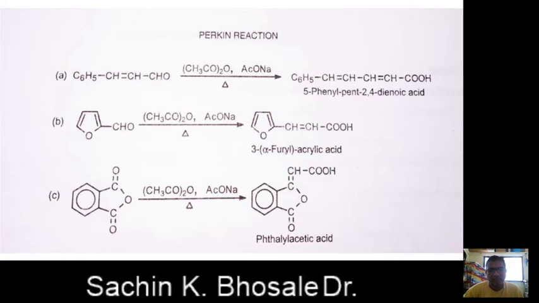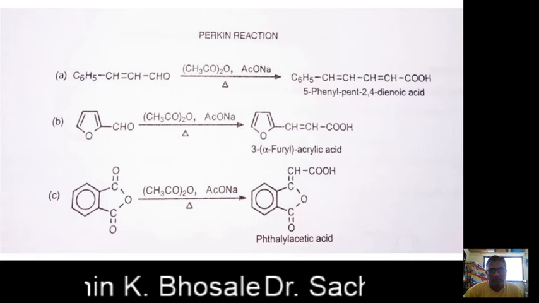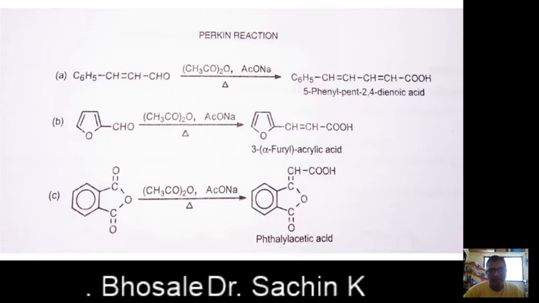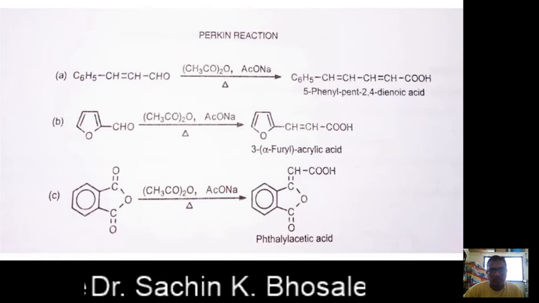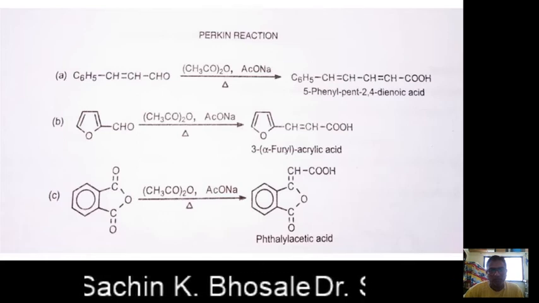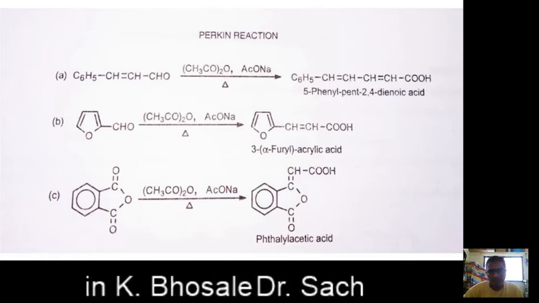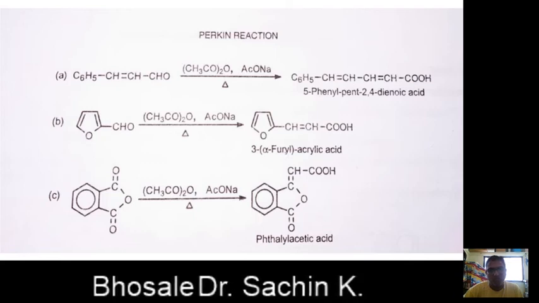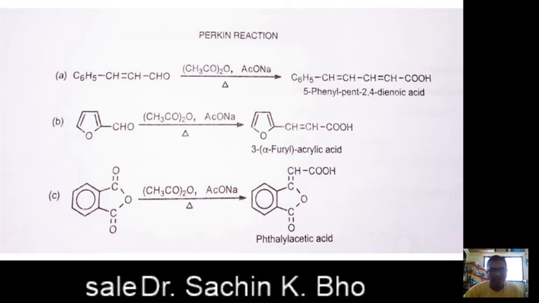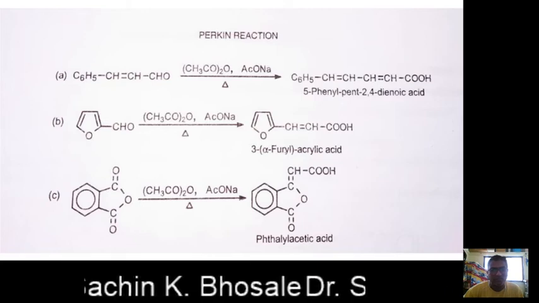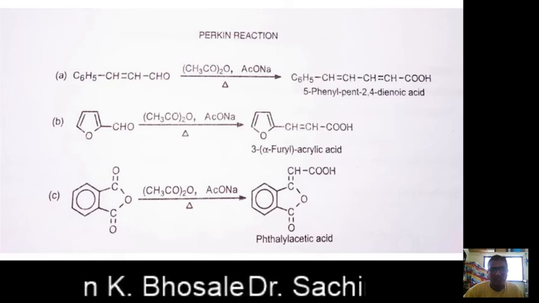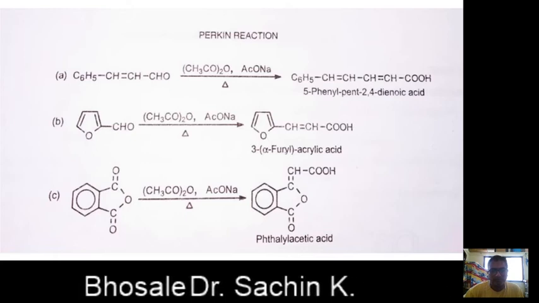There is a double bond at 2, then 3, 4. So at the 2 and 4 positions there is a diene. So pent-2,4-diene, and the acid has 5 carbons, 1, 2, 3, 4 and 5, that is pentanoic acid. So 5-phenylpenta-2,4-dienoic acid.